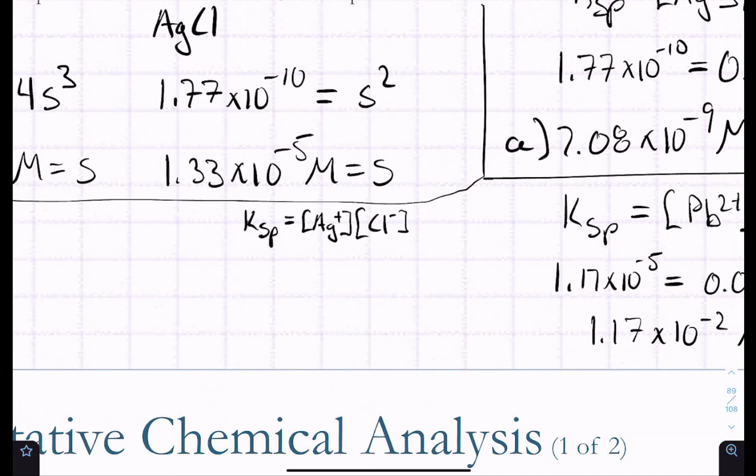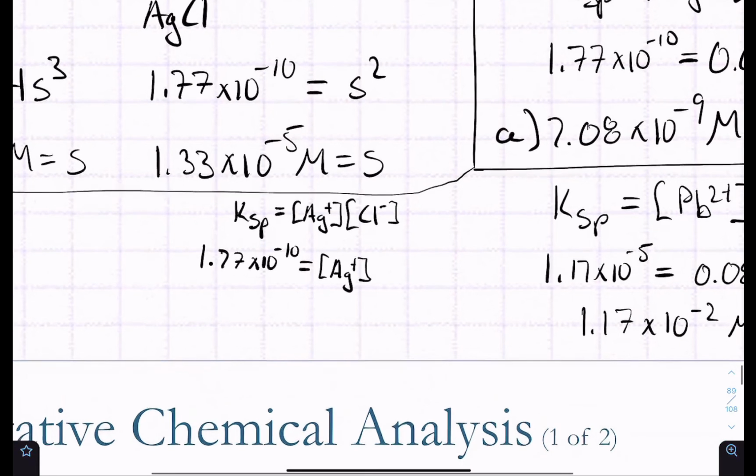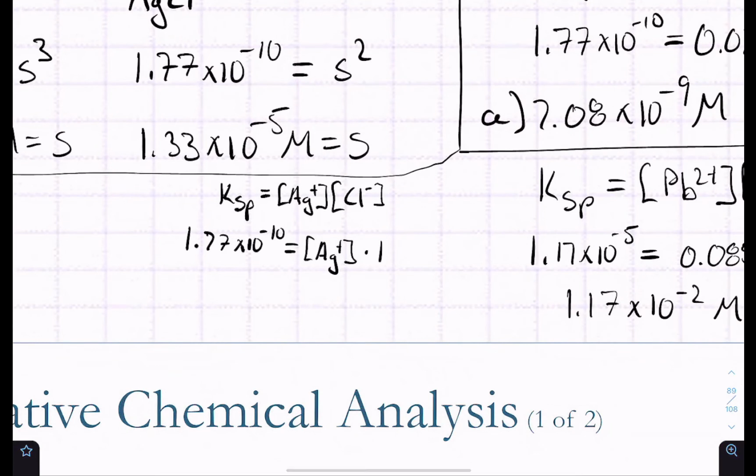So we write in this Ksp, 1.77 times 10 to the negative 10 equals [Ag+] times the chloride concentration, but now the chloride concentration at the point where lead precipitates. So 1.17 times 10 to the minus 2 molar.